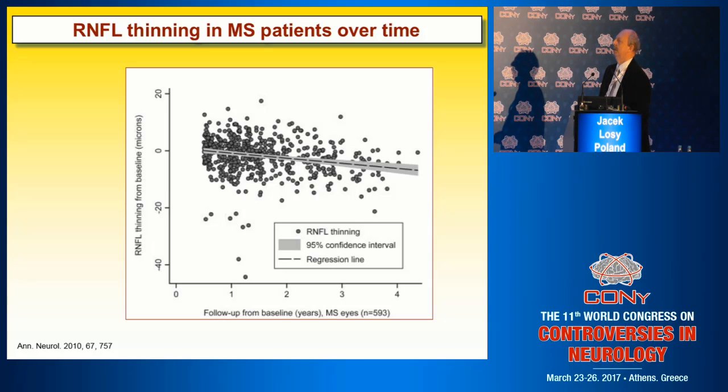Of course, we can follow up the measurements over time, and there were some studies where we can compare the values at the beginning of the disease and following years, and there is a constant decrease in the thickness of the layer, more or less at a rate of 2 micrometers per year, which is much greater in comparison with normal aging.